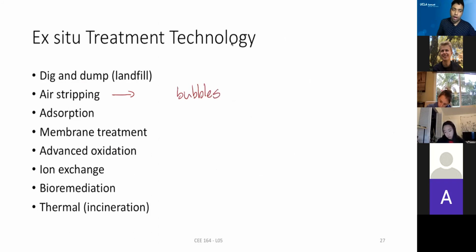Why is it effective? It is effective if you are removing volatile organic pollutants, because they are trapped inside the pores. If they find air, they get into the air and come out of the water. So this only works for volatile pollutants.